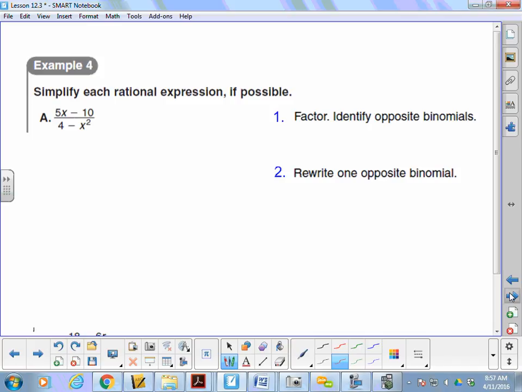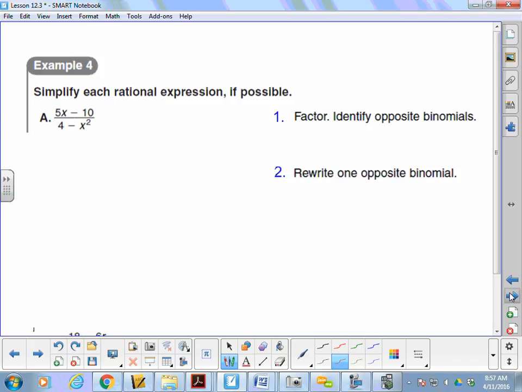The one thing we always want is to have the numerator and the denominator look somewhat alike when we're done, when we factor them. If I factor these as they are right now, let's just leave them like that for a moment, and just watch what I do.